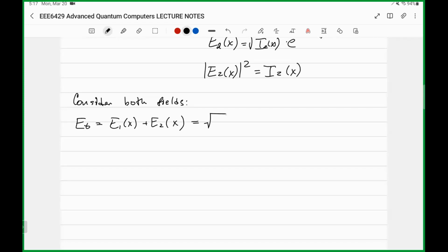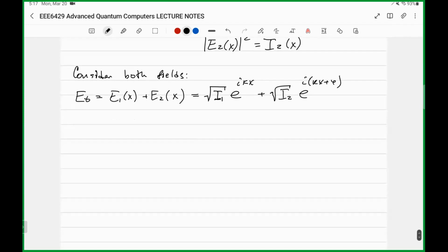For the first one, I have the square root of intensity times e to the power of ikx, and for the second one, the second intensity, square root, e to the power of i(kx plus phi). This is for the field.